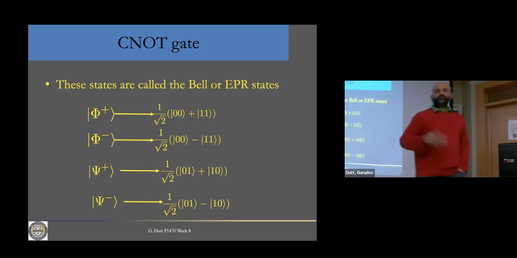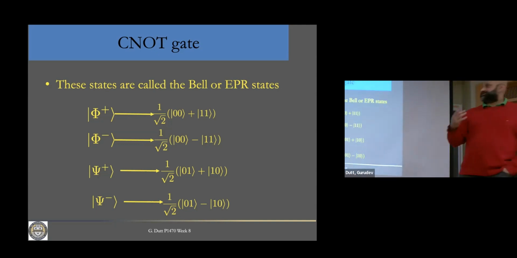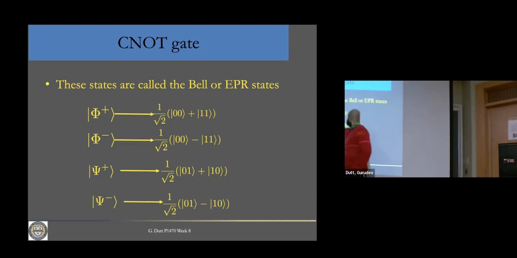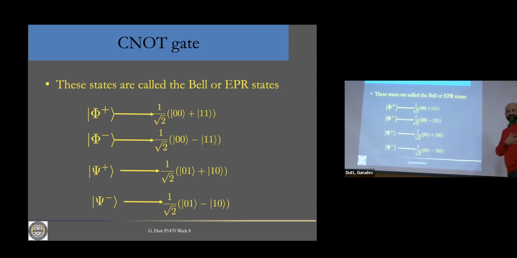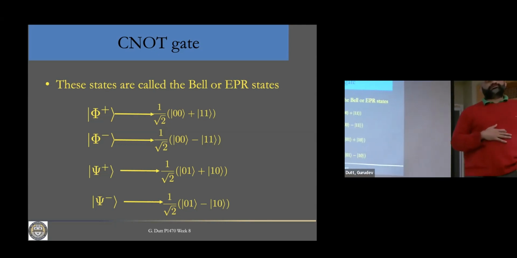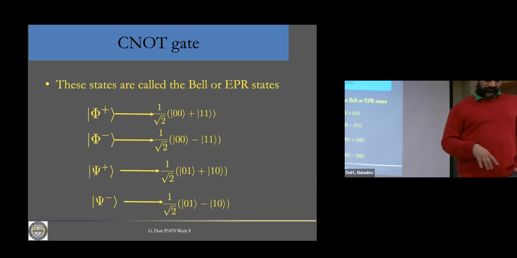Take phi plus outer product with its bra, phi minus with its bra, psi plus with its bra, and psi minus with its bra, and add them all together. You should get the identity matrix. I'll assign that as homework for the next couple of weeks or something. Not spring break. After that.